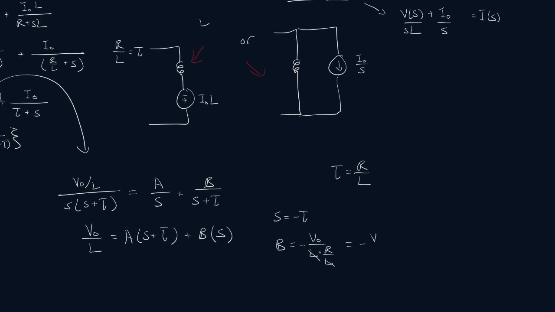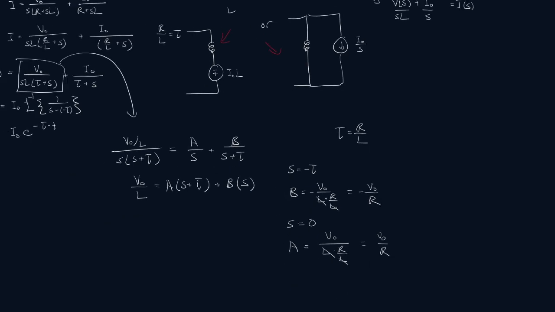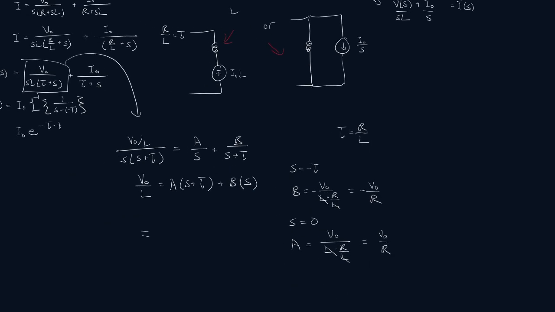So it'll be minus VO over R. And when S is equal to 0, our A is equal to VO all over L times tau. And tau is R over L. So it'll just be VO over R. So this will pretty much be VO over R over S plus minus VO over R all over S plus tau.